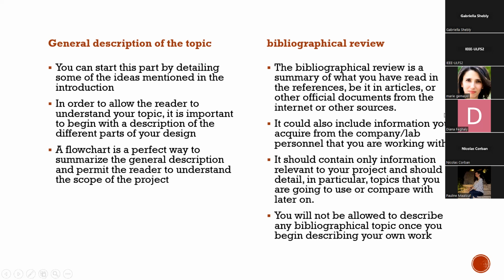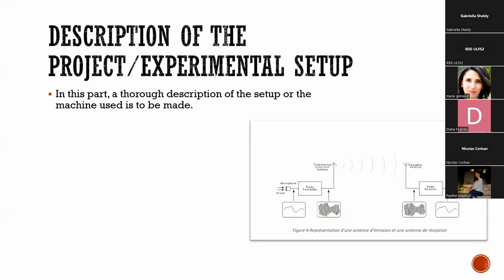And it should contain relevant information. And you will not be allowed to describe any bibliographical topic once you begin describing your own work. This means once you are talking about your work, you should not stop and then go back to bibliography. This will not be helpful for the reader and neither for your explanation.